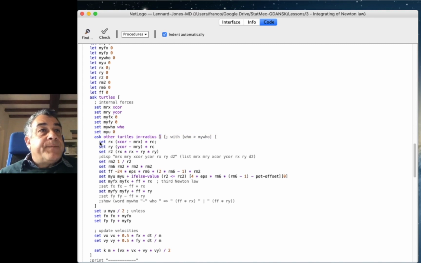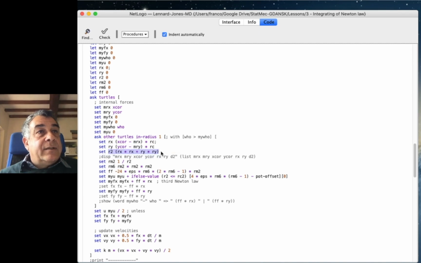And then all other turtles compute the distance, in x and y, with respect to my coordinates, the coordinates of those that asked for this. This RC is the rescaling, so that I can use radius 1, and this is the rescaled radius. So these are the distances in the real coordinates without rescaling.